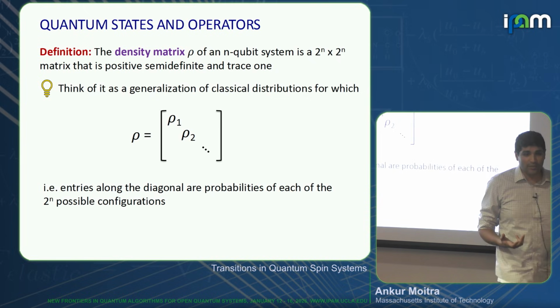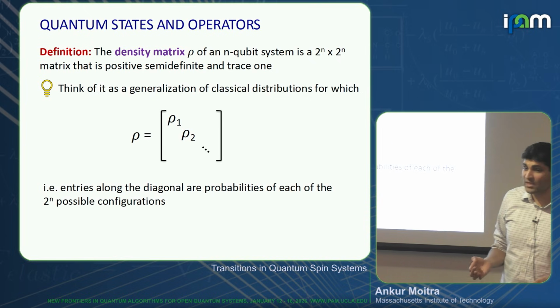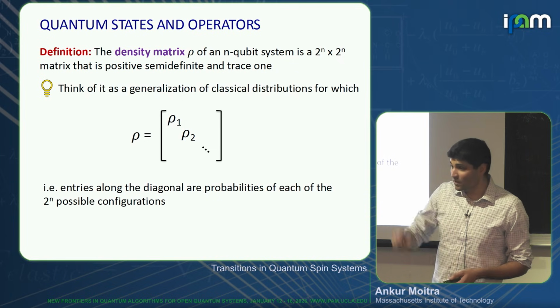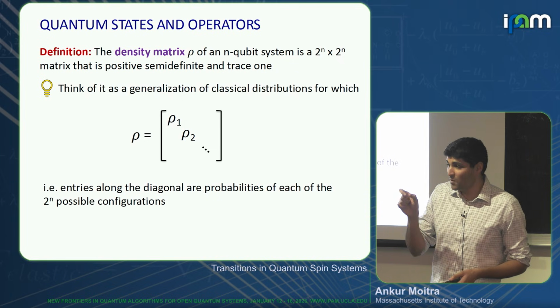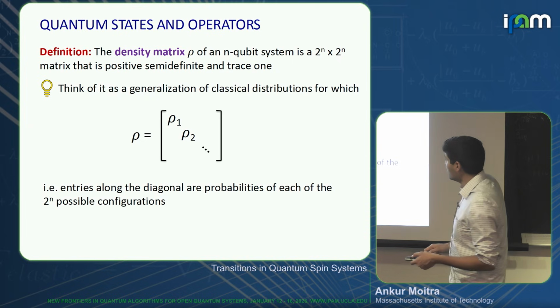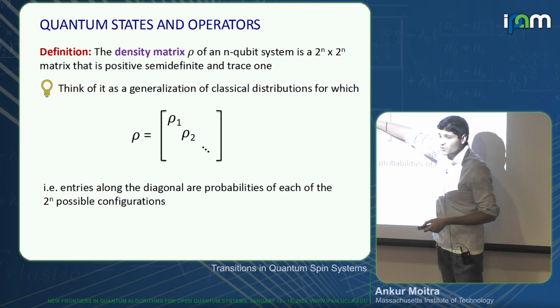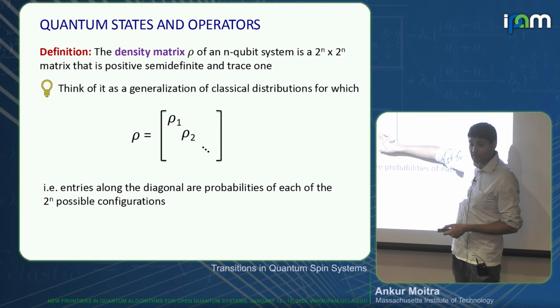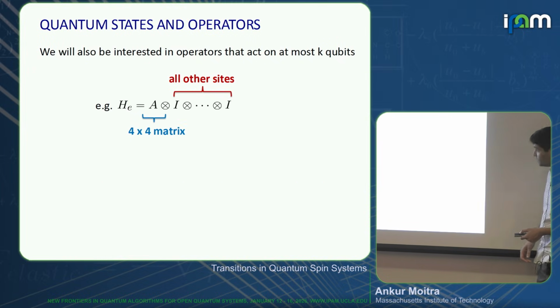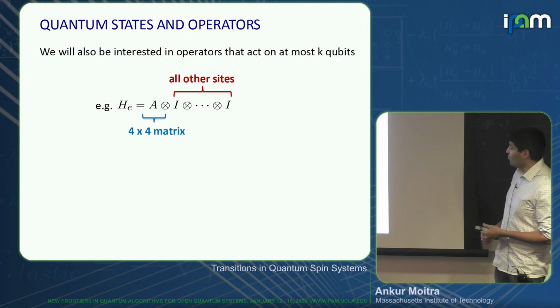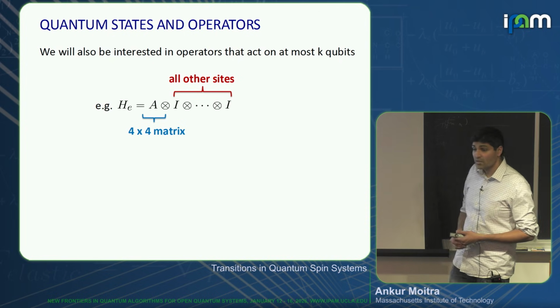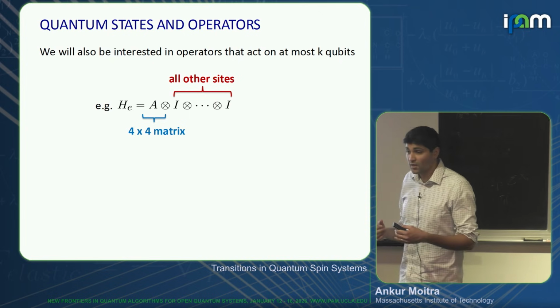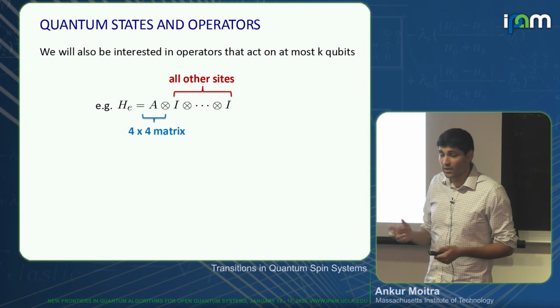Remember, I told you for classical distributions, you never want to write them down explicitly as a 2^n table of all of the probabilities of every configuration. But that's exactly what the density matrix would do in the special diagonal case, because they'd show up exactly as these diagonal entries.